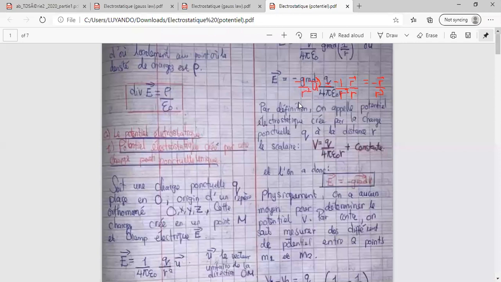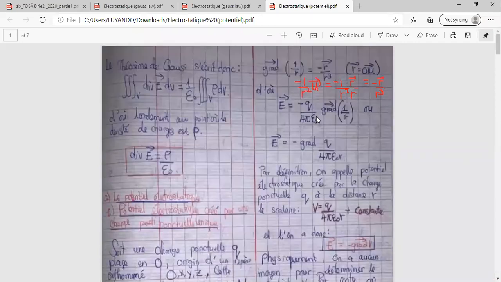This is why we have negative q over 4 pi epsilon 0 grad of 1 over r. And then if I simplify this and multiply it, I'm going to have negative grad of q over 4 pi epsilon r. Am I clear?